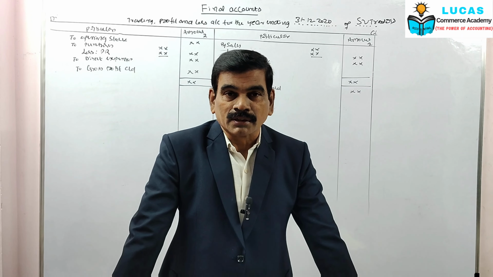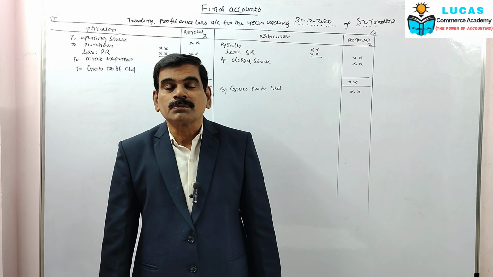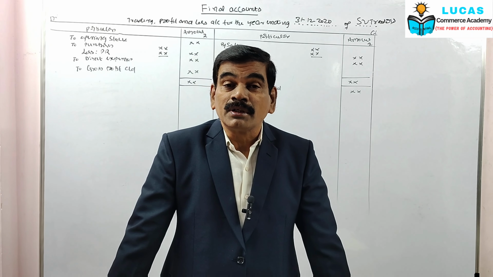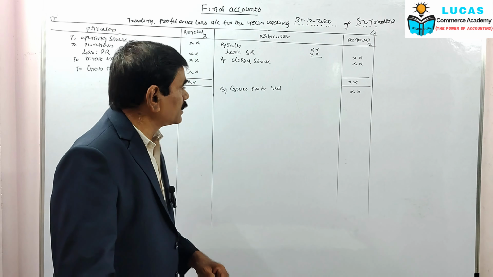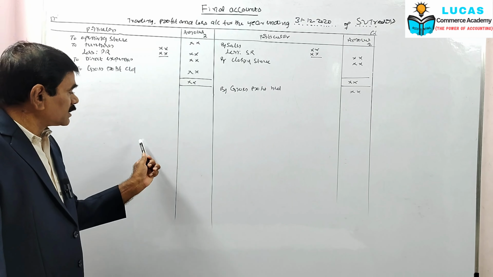That means all expenses should be entered on the debit side of the trading profit and loss account. This is the most important point. Some of the expenses are entered in the trading account and some in the profit and loss account.